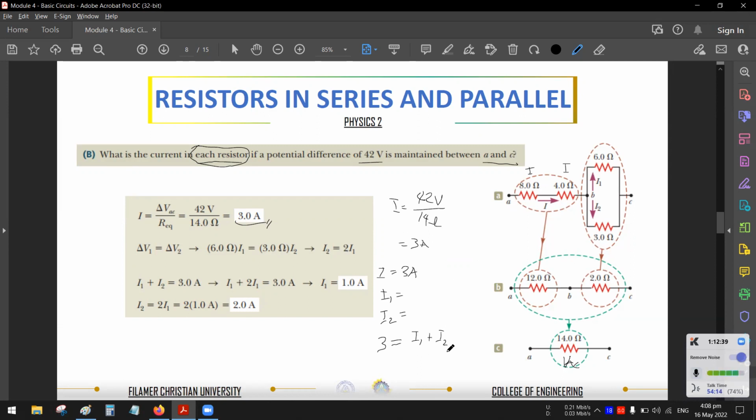So this is just the sum of your current. But take note that yung voltage natin is the same as this one. The same lang sila. Okay? So therefore, your current here sa I sub 2 natin dito is just twice as yung current sa I1 natin. Okay, so twice siya. So therefore, your total current or your 3 now should be equal to I1 plus 2I1.